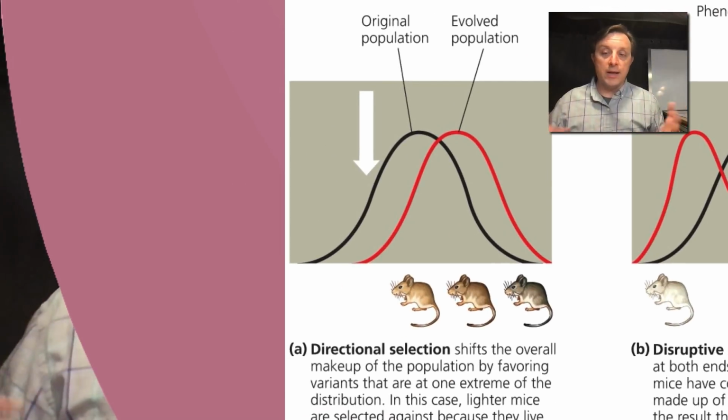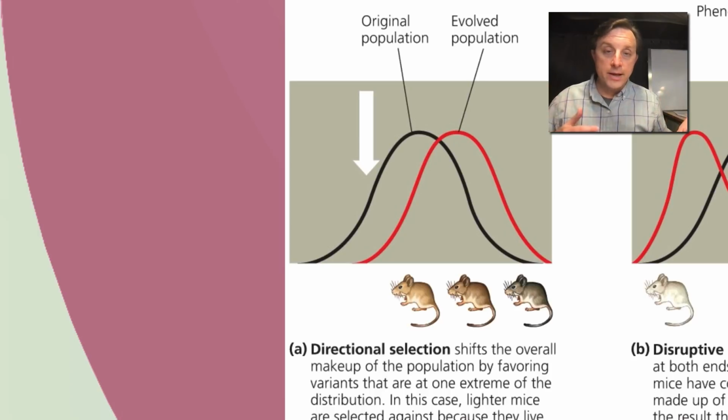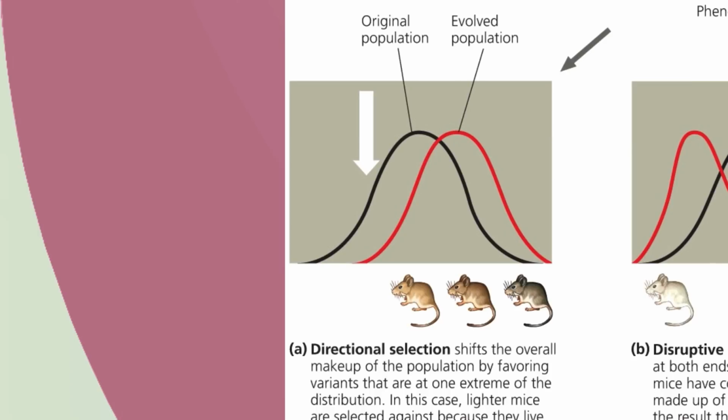That natural selection can be directional selection, where one of the extremes is selected against, so the population average shifts in one or the other direction.